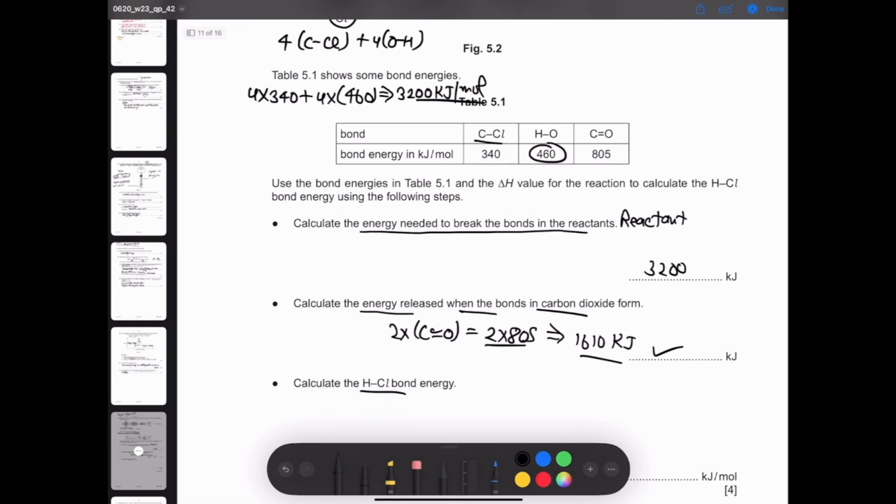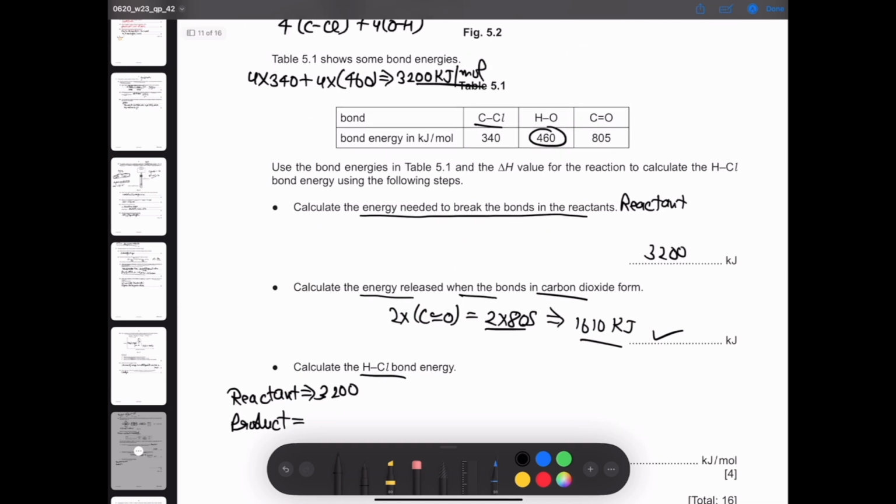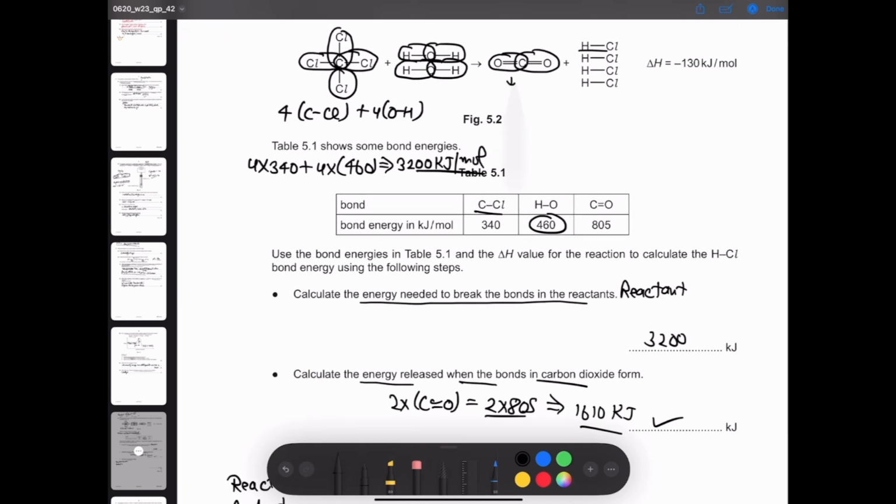Now this is simple maths only. I'll show how to do this. See, you figured out reactants energy. How much was it? Reactants energy was 3200. In the same way, let's try to figure out products energy. I know that we do not know the value of one of the products. Fine, let's write it in form of equation. Alright. You have 2 carbon oxygen bonds in the product and 4 HCl bonds.